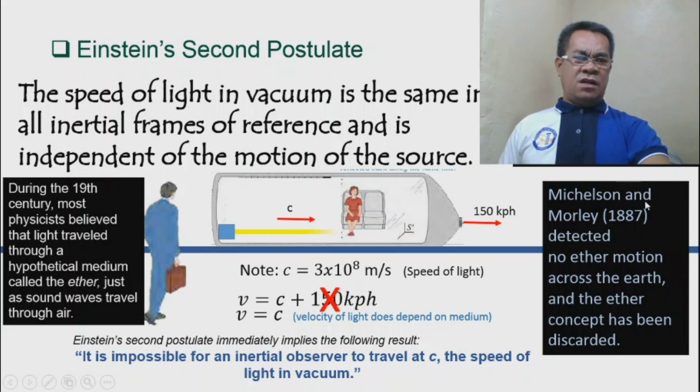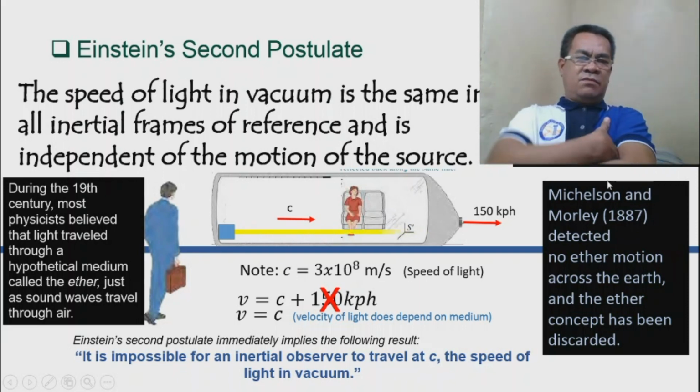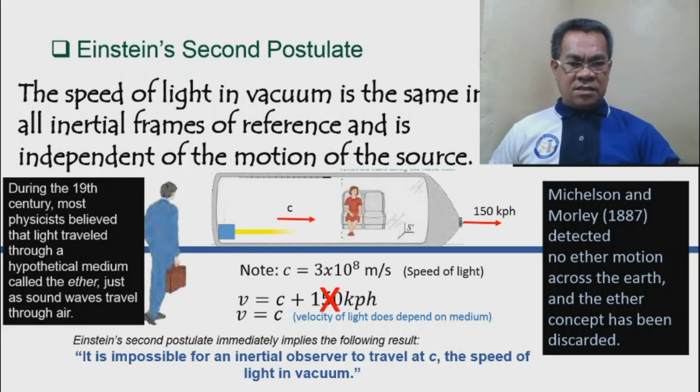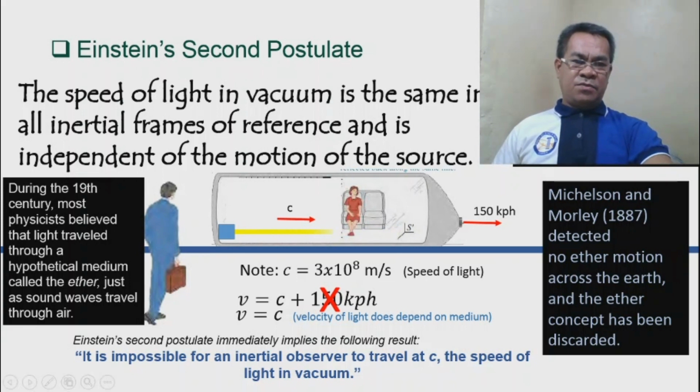They thought that the experiment was a failure, because there was no result, since their objective was to verify the ether. But Einstein says that they were not able to find the ether because ether does not exist, because light doesn't depend on the medium.